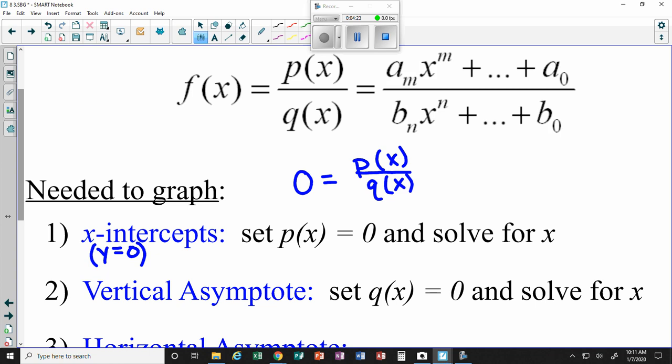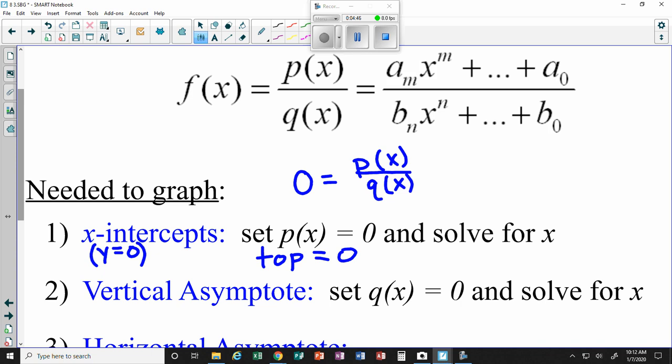If the denominator is 0, it's not equal to 0, it's undefined. So to find the x-intercepts, you set the numerator equal to 0 and solve.